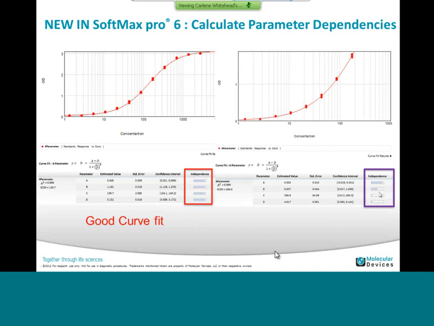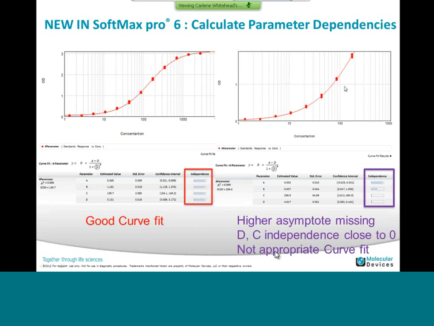Parameter B, the slope, is also affected because the higher asymptote is not defined. Only parameter A shows a good independence because we have a nice curve in the lower part. So basically, when some part of the curve is missing, you will have a poor independence of the parameters described by those values. Here the fit is not appropriate for the data.